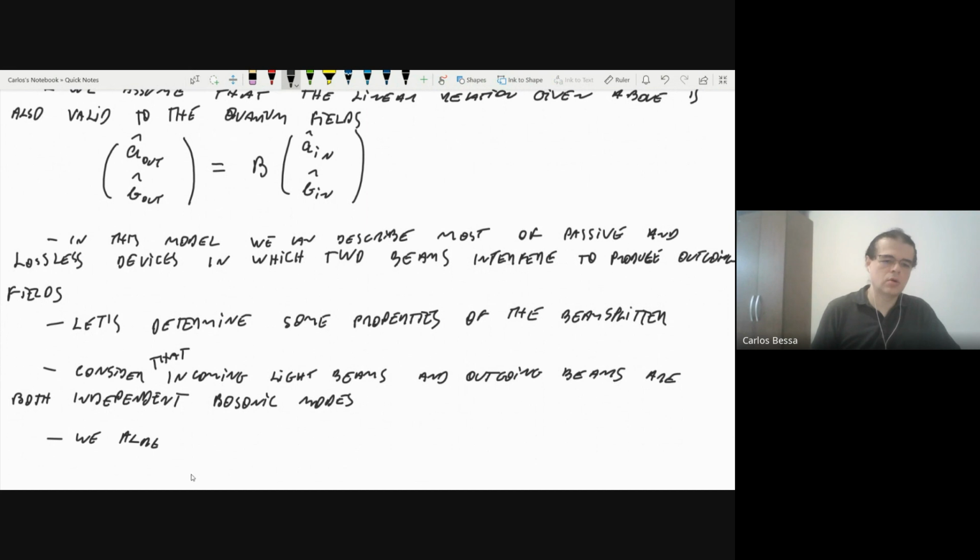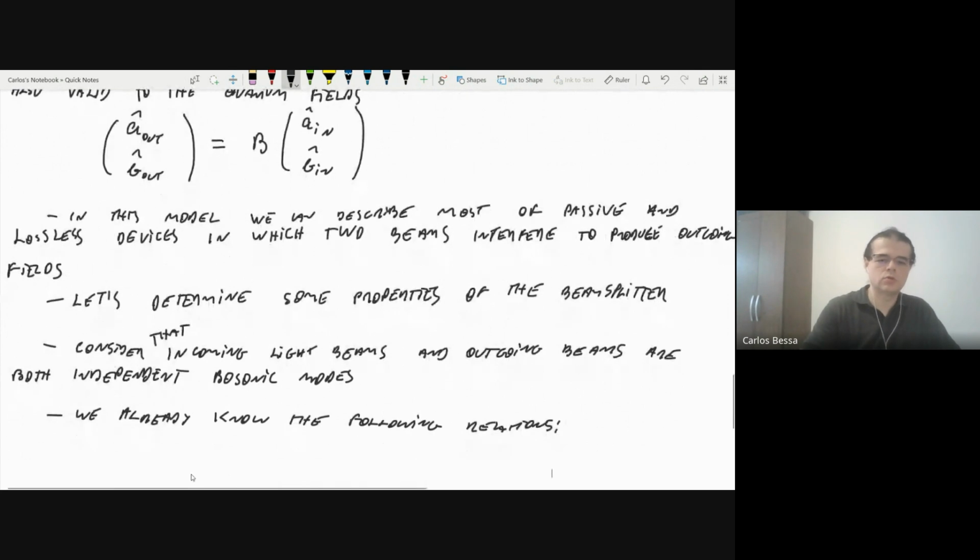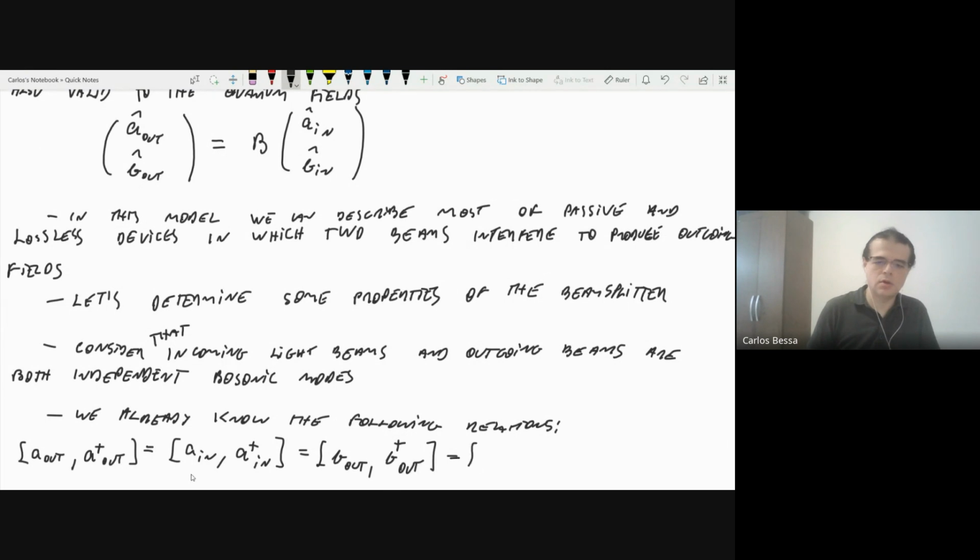We already know the following relation: the commutator of A out, A dagger out is the same as A in, A dagger in, the same for B out, B dagger out, and B in, B dagger in.